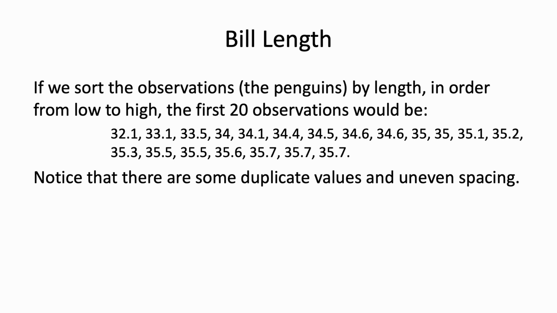Sometimes 2 points next to each other might be the same. They might differ by 0.1 millimeter, like from 34.4 to 34.5, or they might differ by a whole millimeter, like from 32.1 to 33.1.